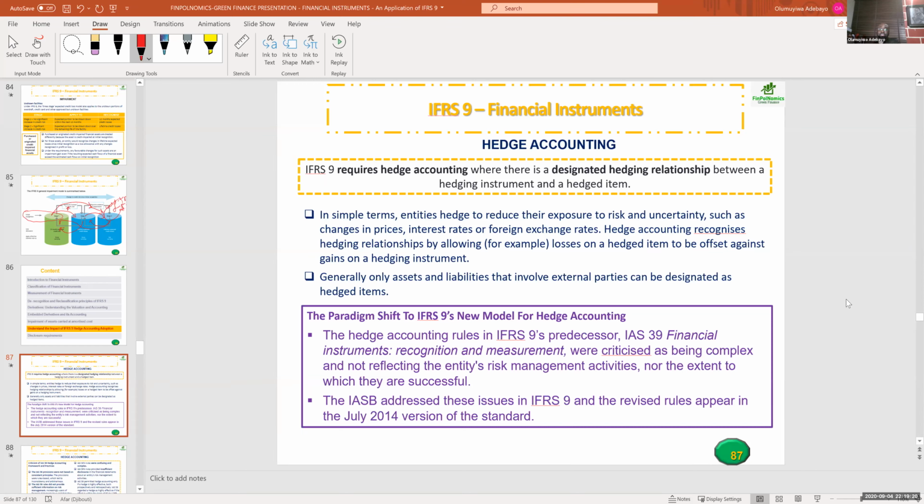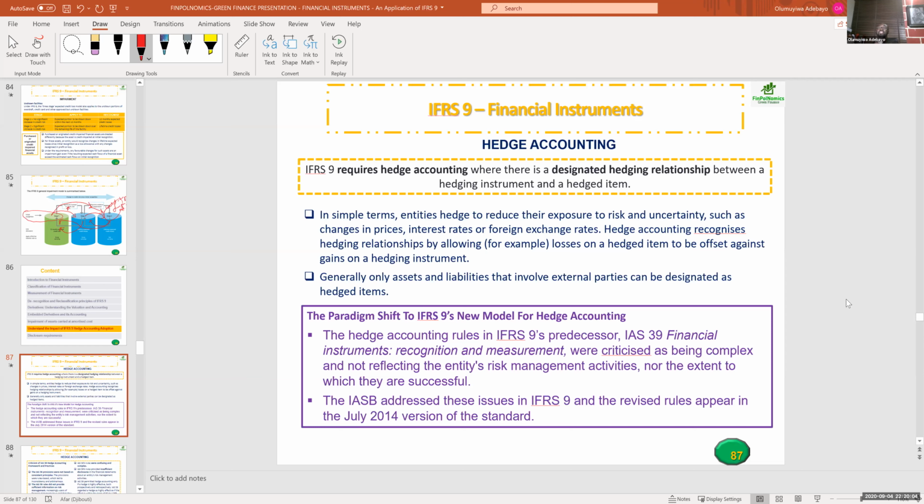Now, the question then is this. What is your hedge instrument? What is your hedged item? Your hedged item is the exposure you have, while your hedge instrument is the instrument, such as a derivative, you have written or taken or purchased to manage that risk or exposure. Therefore, for example, if I have a cash flow exposure, I have to repay a loan in dollars, but I earn naira.